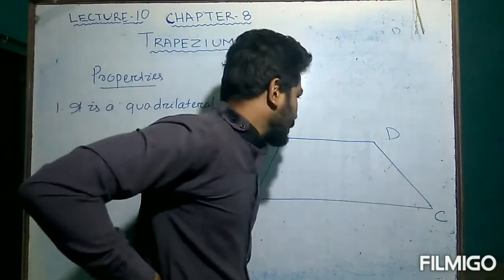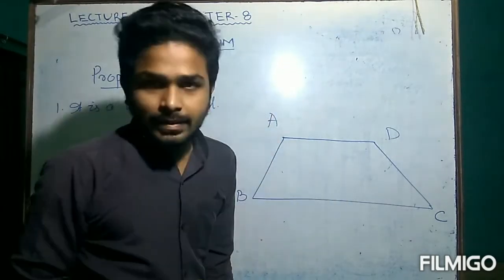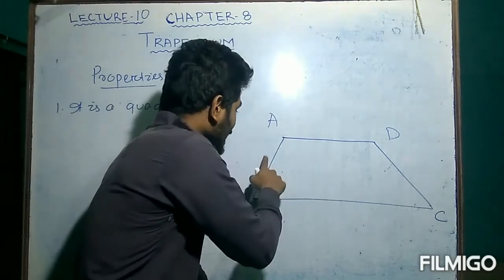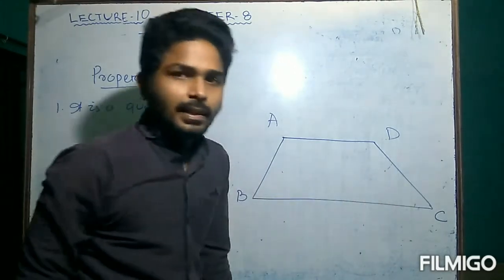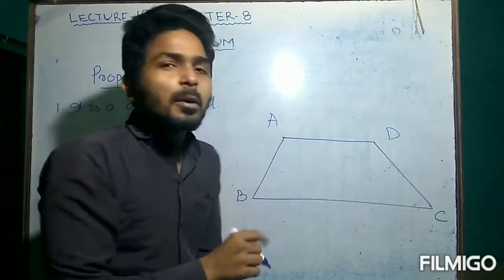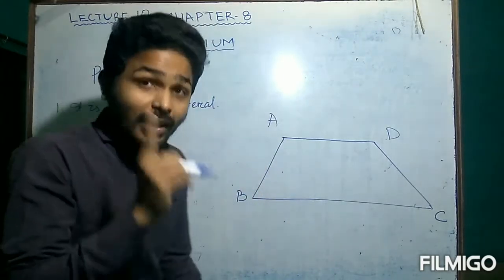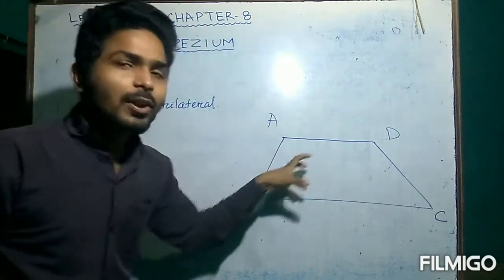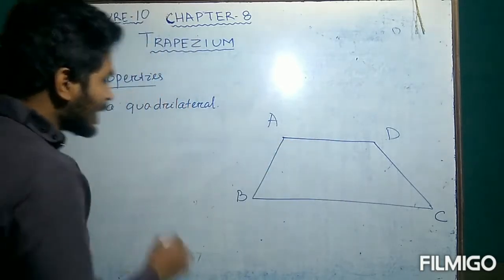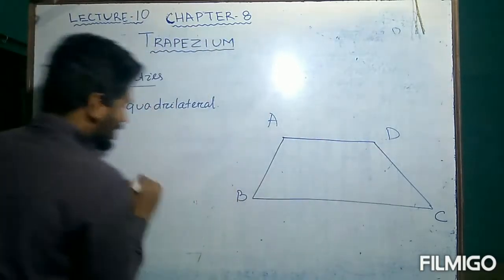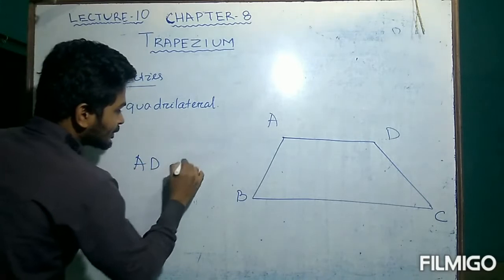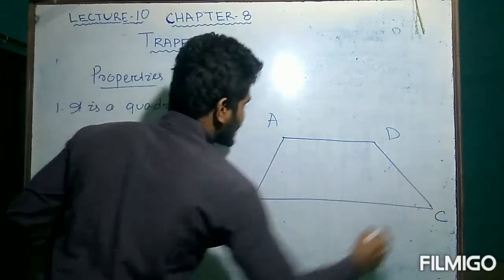And the second property: out of the four sides, AD, AB, BC and CD, only one pair of opposite sides are parallel. Only one pair. How many pairs of opposite sides are there? It has two pairs. AD and BC is the first pair and AB and DC is the second pair.